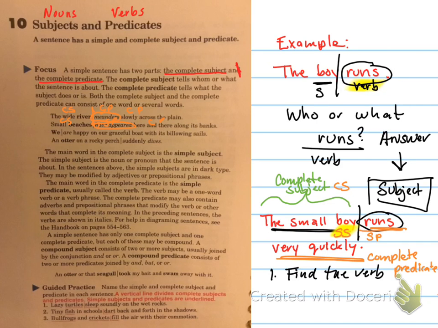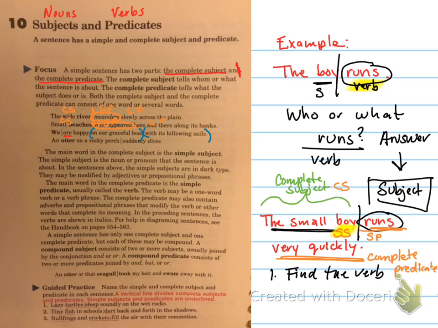We are happy on our graceful boat with its billowing sails. Now, one thing that might make this a lot easier, if you're having trouble finding the verb, I always like to eliminate my prepositional phrases. I know on and with are prepositions. This is a prepositional phrase. This is a prepositional phrase. Now I want to find my verb, which is are happy.